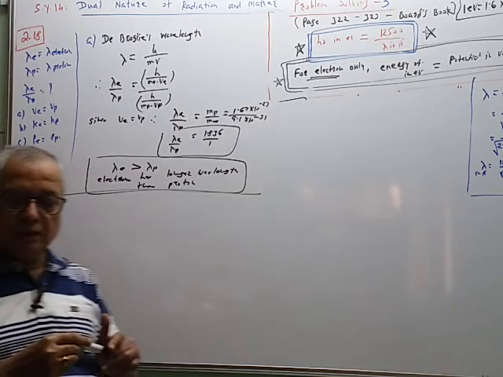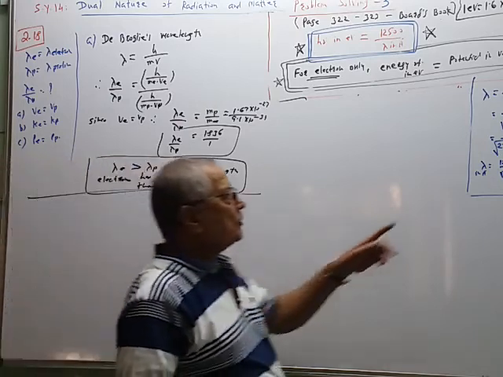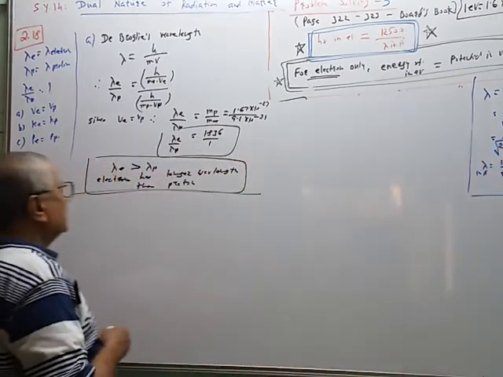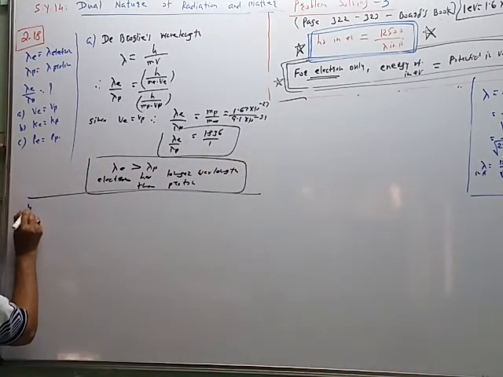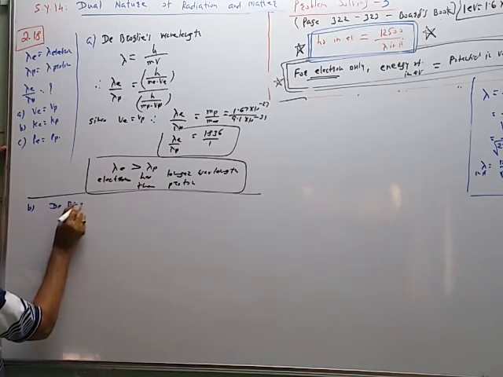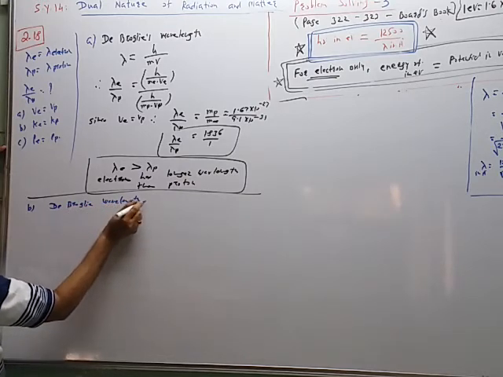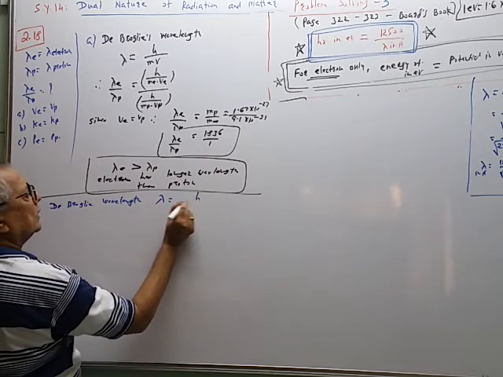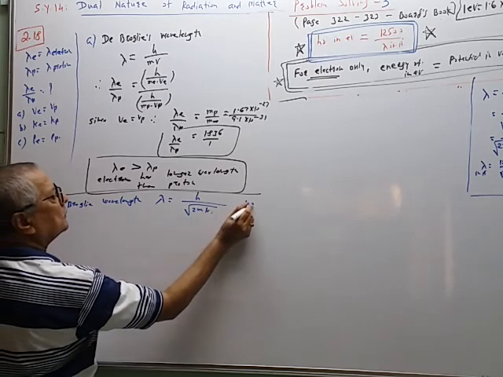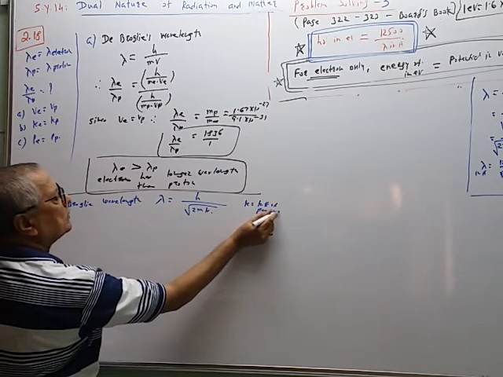First part done. Now second part, we are given equal kinetic energy. So kinetic energy means we have to use this relation, K for kinetic energy. B part. The de Broglie wavelength lambda is equal to h upon under root of 2 times mass times K, K for kinetic energy of the moving particle.